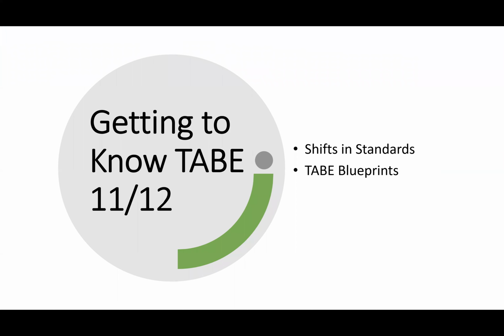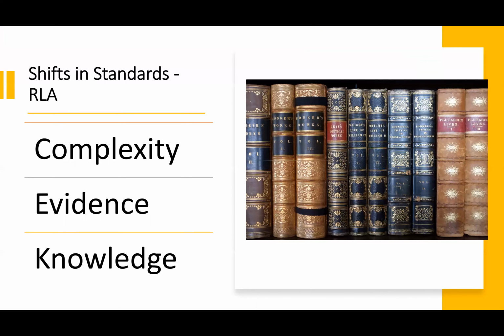So getting to know the TABE, I'm just going to talk real briefly about the shifts in standards and the TABE blueprints. I'm hoping most of you are pretty familiar with this, but in the event that you're not. With the advent of Common Core and the revamp of the GED and college and career readiness standards, this created a shift in both literacy and math. And literacy is now focused around 3 key areas.